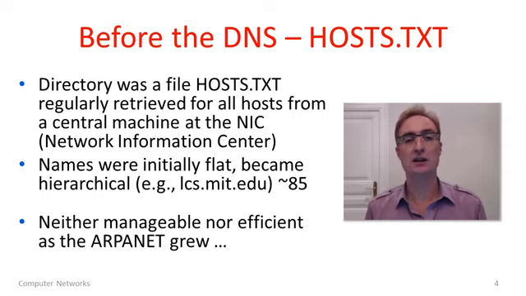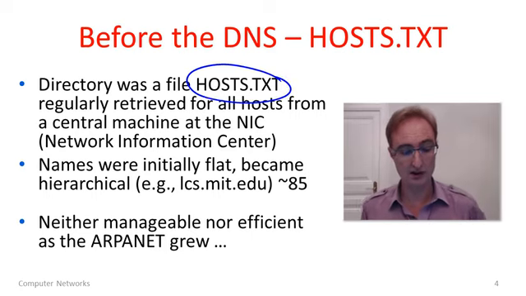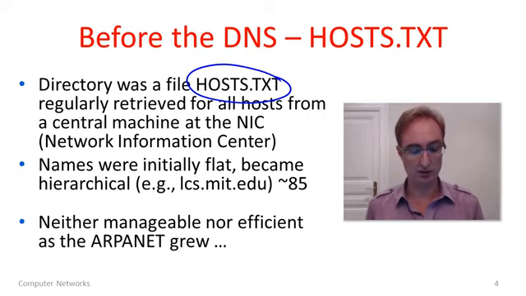Now before the DNS, in the early ARPANET, the way that we mapped from host names to IP addresses was just with a file called host.txt. You just needed a copy of that file. So it was regularly retrieved by sites from a central location at what was called the NIC. Here NIC stands for Network Information Center, not your network interface card.